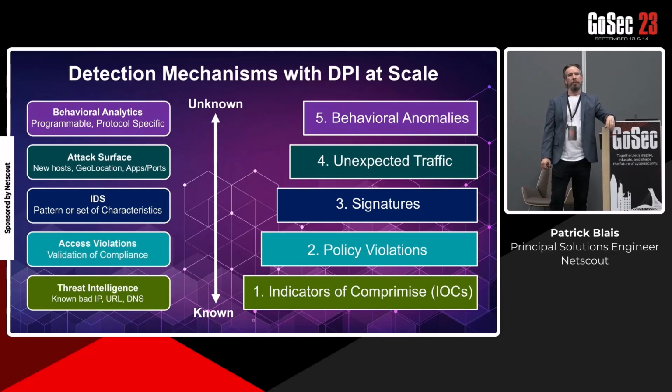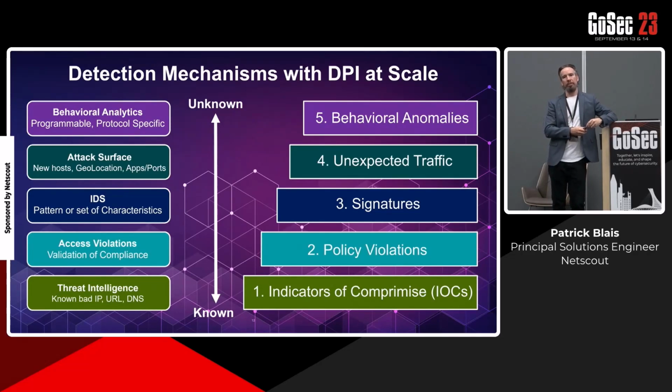IOCs, indicators of compromise, are great, but they're going to impact mostly known threats, right? They can only be an indicator of compromise if I know about it, for example. So I'm worried about the unknown stuff.